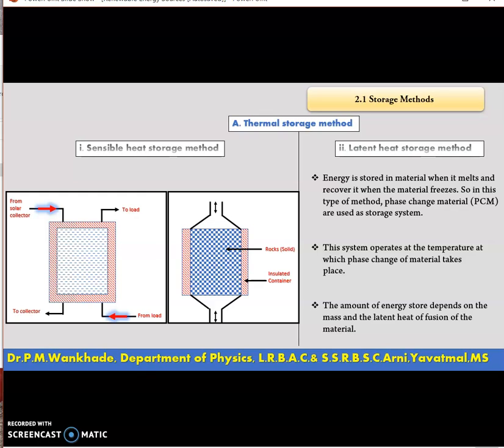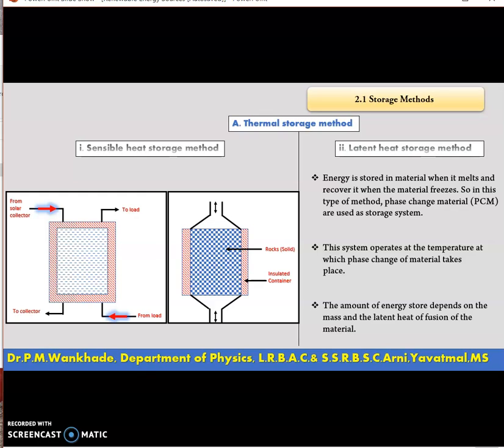The third possibility may be when there is excess energy beyond the requirement of an application, and we make it available when solar energy is absent. And the last possibility is that a large amount of energy is stored in a small volume.